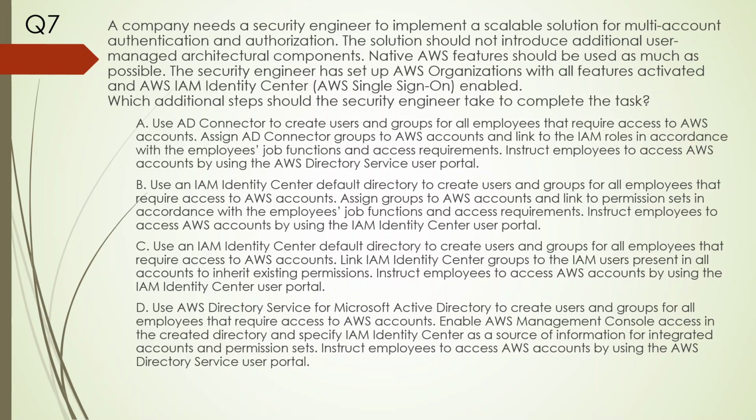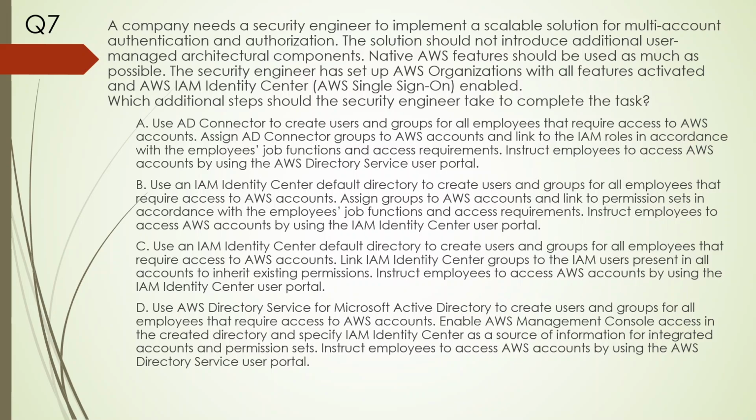Letter D. Use AWS Service for Microsoft Active Directory to create users and groups for all employees that require access to the AWS account. Enable AWS Management Console access in the created directory and specify IAM Identity Center as a source of information for integrated accounts and permission sets. Instruct employees to access AWS accounts by using the AWS Directory Service user portal.